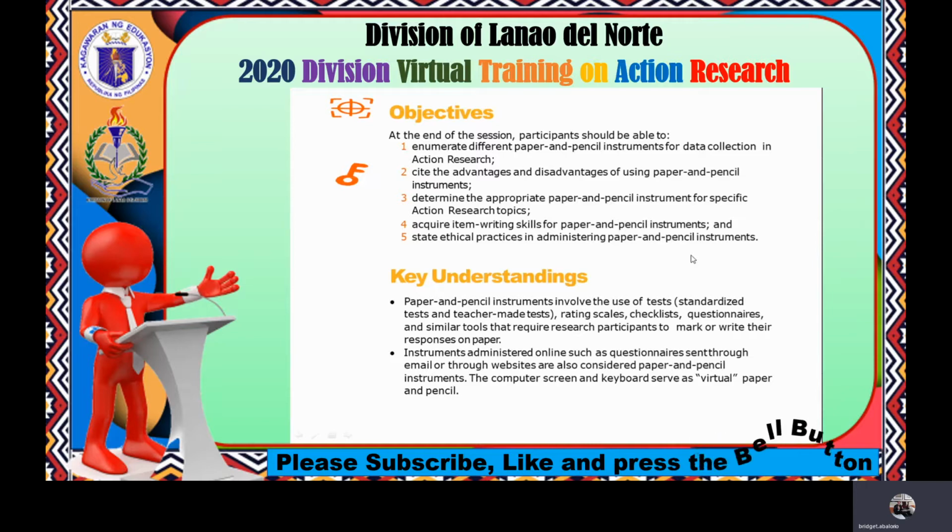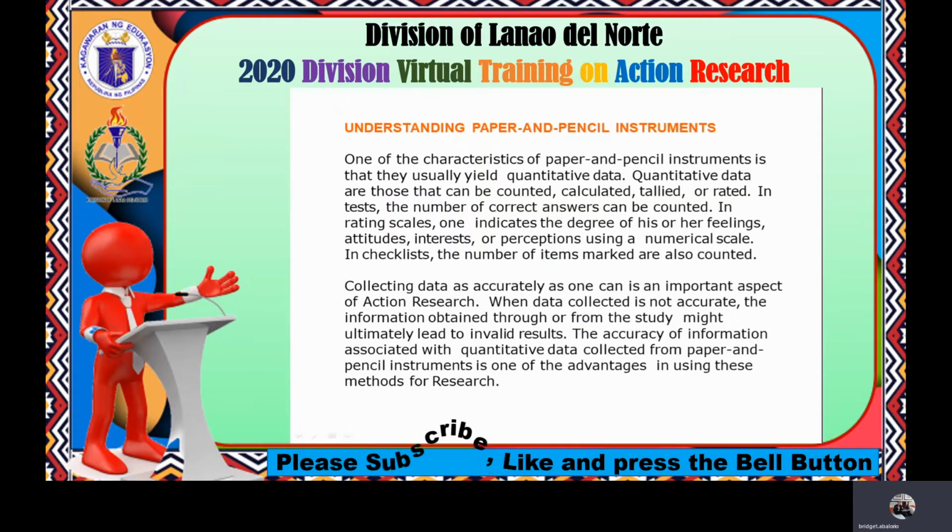Okay, we will start with understanding paper and pencil instruments. One of the characteristics of paper and pencil instruments is that they usually yield quantitative data. Quantitative data are those that can be counted, calculated, tallied, or rated.